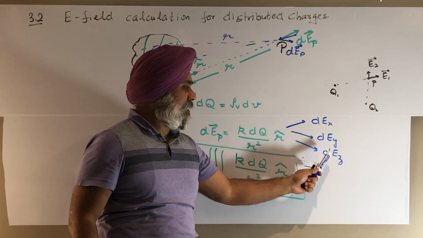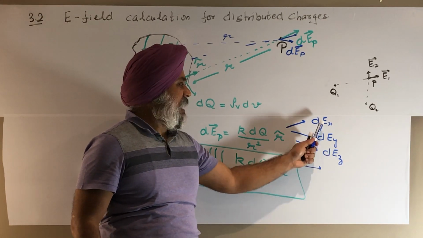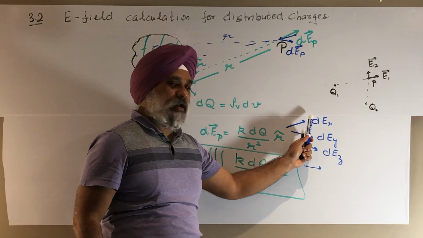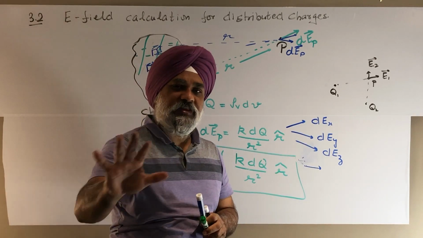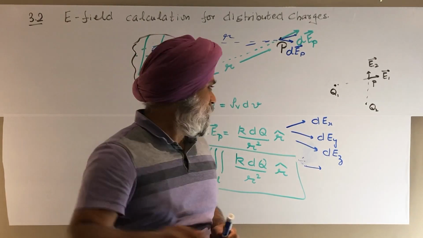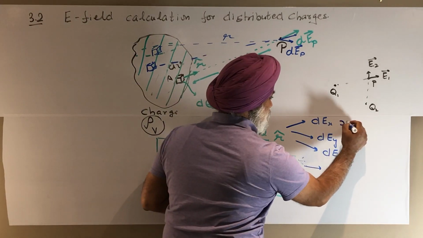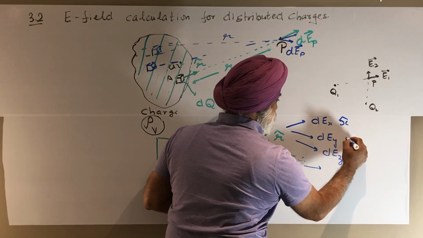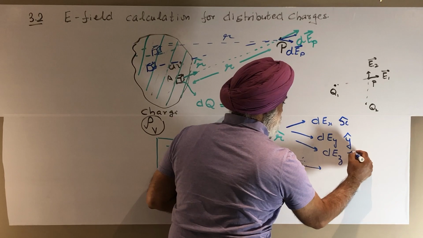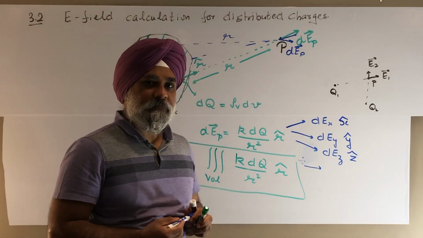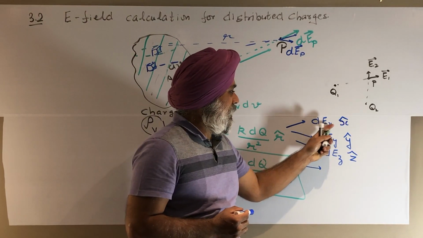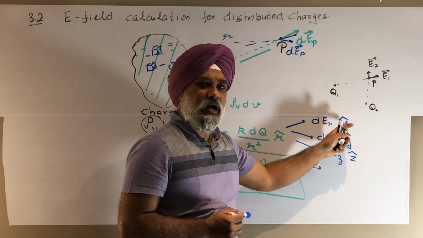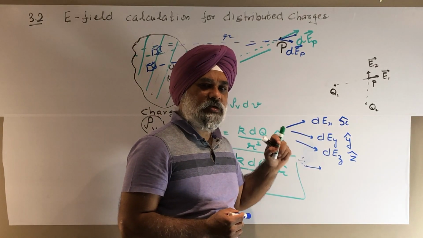dEx, dEy, dEz, and when you're integrating dEx, everything remains in the x hat direction. So this is basically saying this is in the x hat direction, this is in the y hat direction, this is in the z hat direction. When we are breaking it in x hat, everything remains in the same direction, so we can only do the scalar integral.